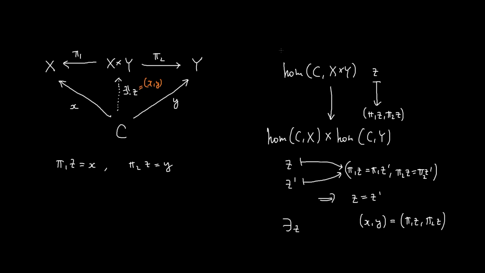So this function being a bijection is basically the definition of product of two objects.